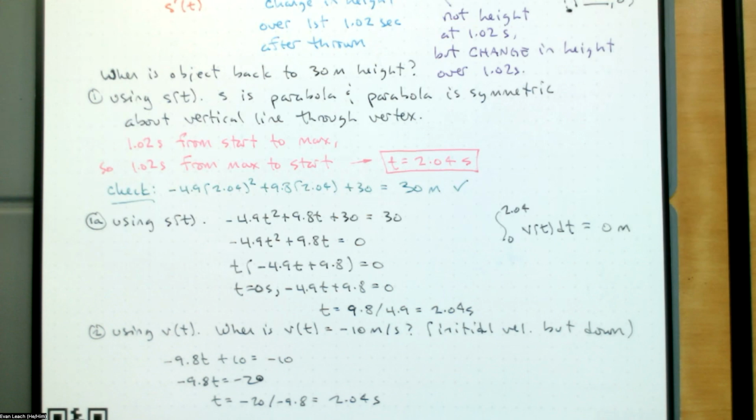The distance that it's traveled is a different question. It's gone 5.1 meters up and then 5.1 meters down. So we would say it's traveled 10.2 meters, but the definite integral cancels out direction.